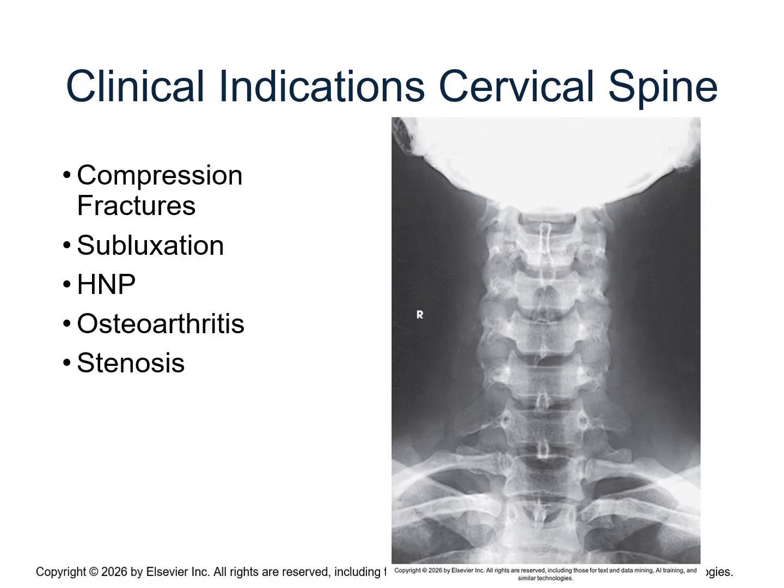Okay. So compression fractures, subluxation, which means your vertebra either go forward or backwards, HNP, herniated nucleus pulposus, which is that little soft space in the middle of the disc that can pop out of the intervertebral disc spaces, osteoarthritis, and you can have stenosis in your spinal cord as well.